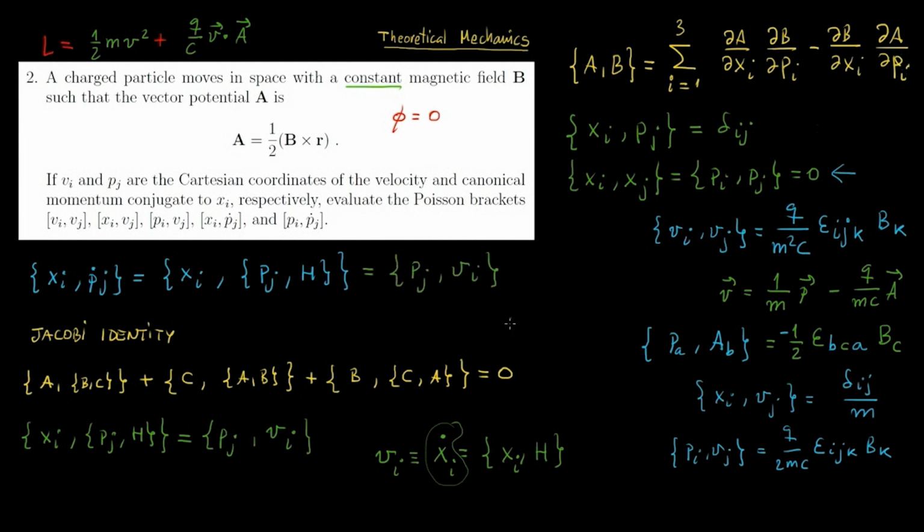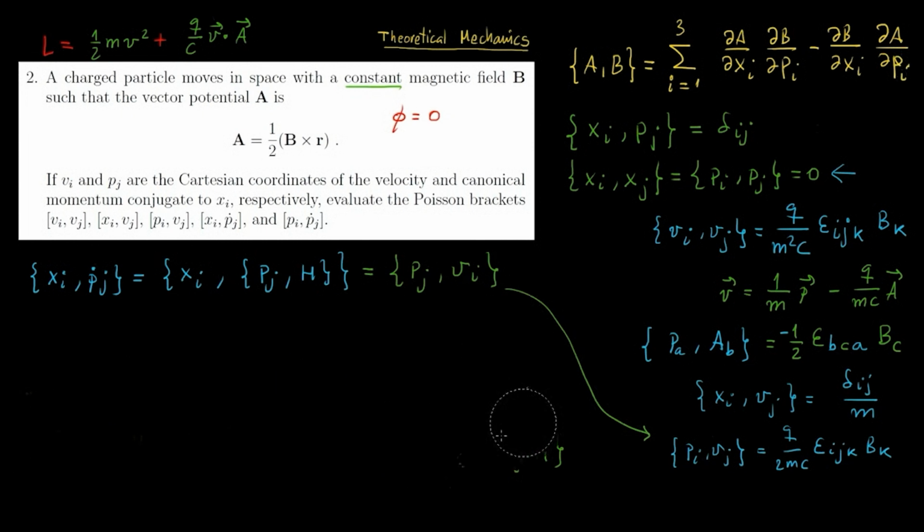But you know what it is because it's in here from previous calculations. So this is, let me see, q over 2mc epsilon_jik v_k.